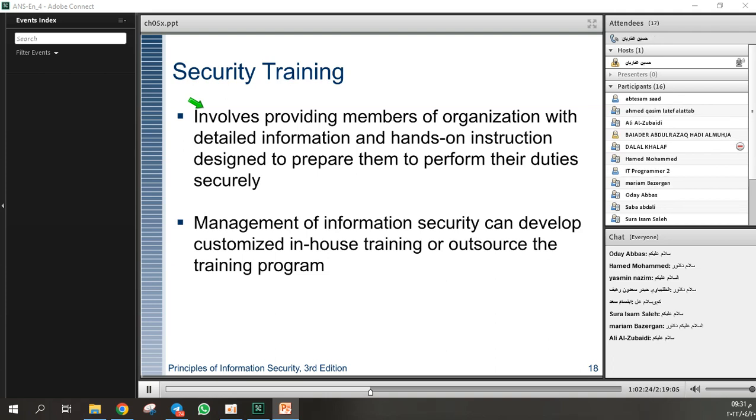So when we are talking about security training, it means that we need customized training for different parts of my organization.